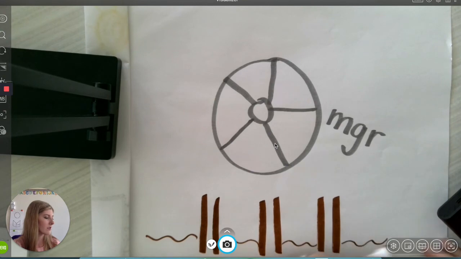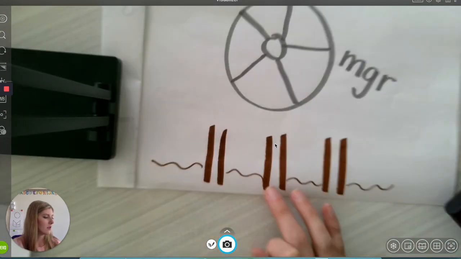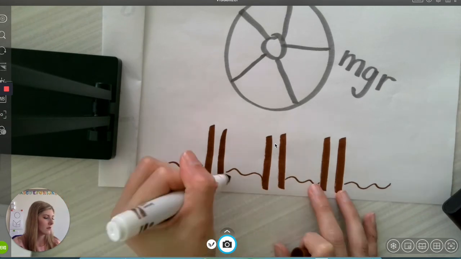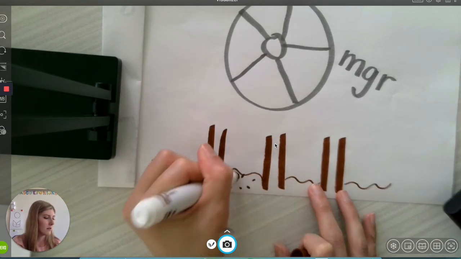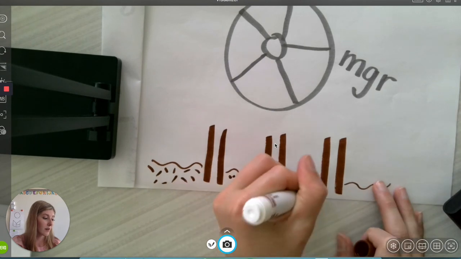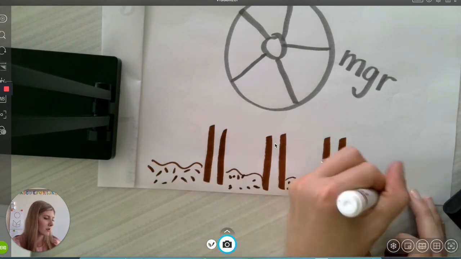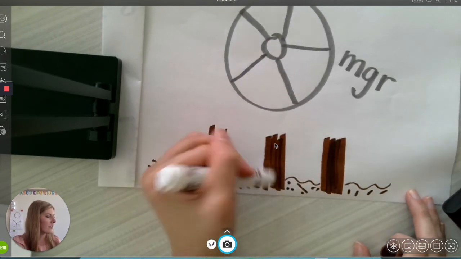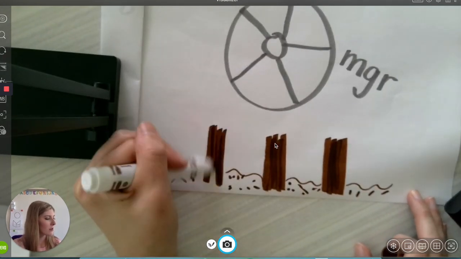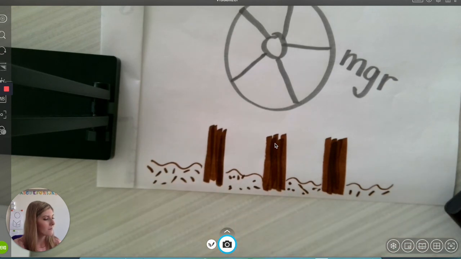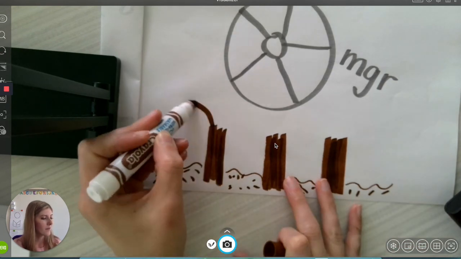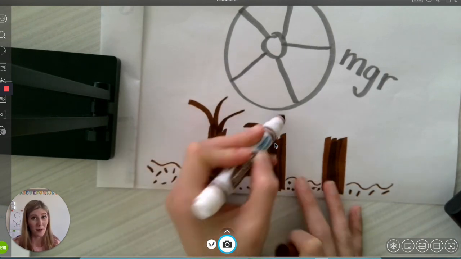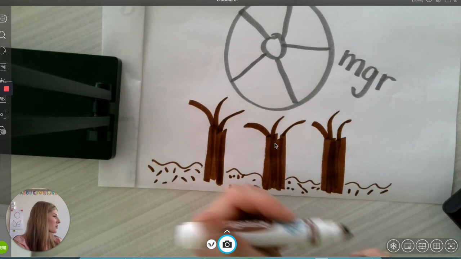So I could add in those details to show that there's mulch here. Of course, I should probably color in the details in my tree. And these trees have branches that reach up high, but not too high, because remember our school is about a year old. So these trees were just planted.